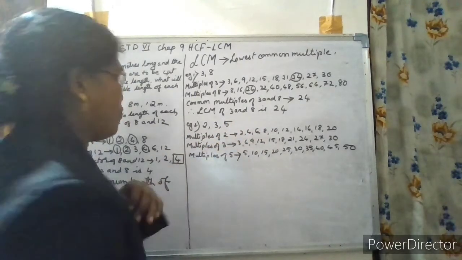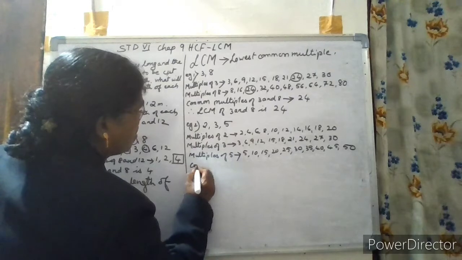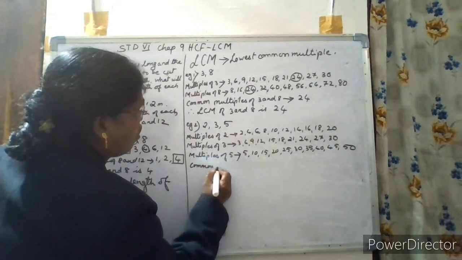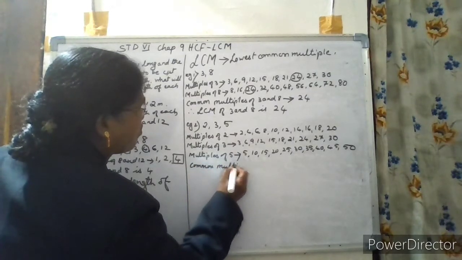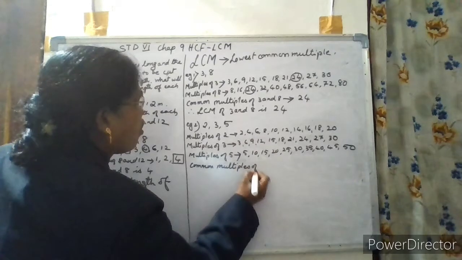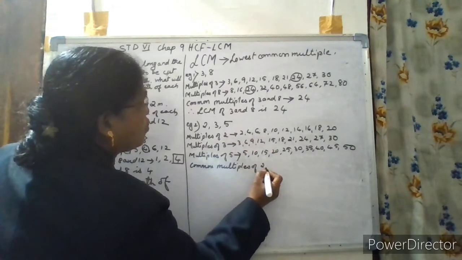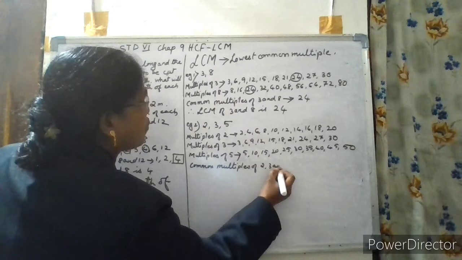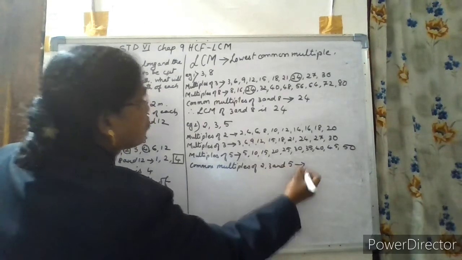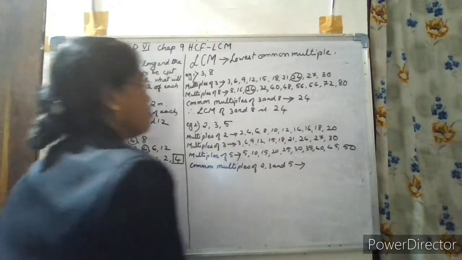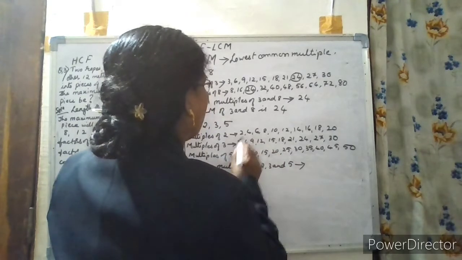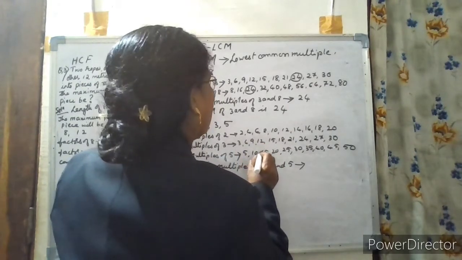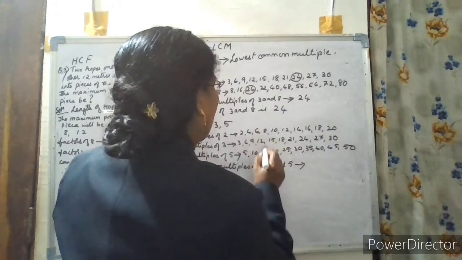So find out common multiples of 2, 3 and 5. What are the common multiples? So find out the common numbers here. 6, it must be common in all three.